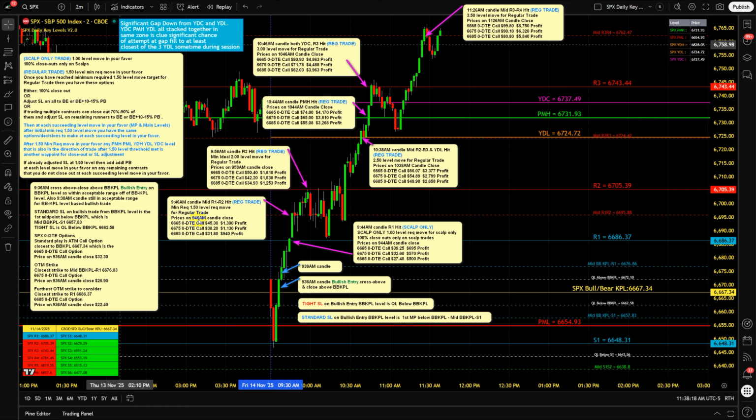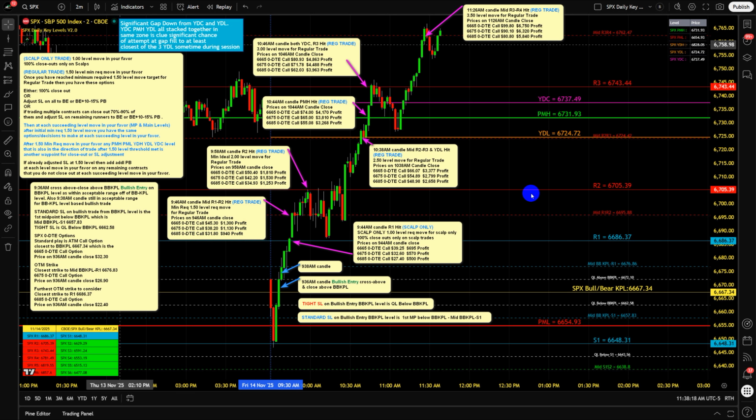The prices on the 9:46 a.m. candle close are the 66.65, 45.30, that's $1,300 profit per option. The 66.75 was 38.20, that's $1,130 profit per option. The 66.85 is 31.80, $940 profit per option.